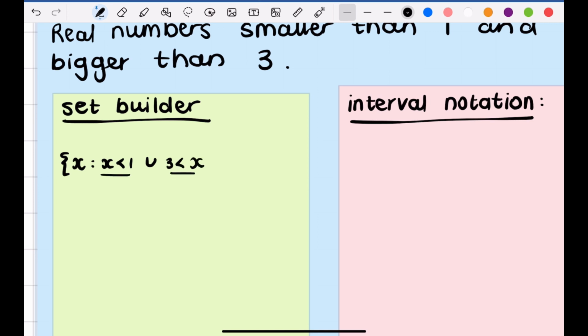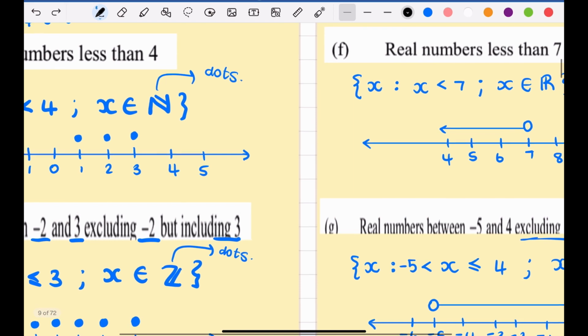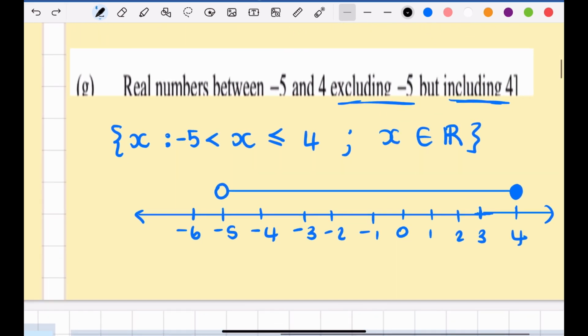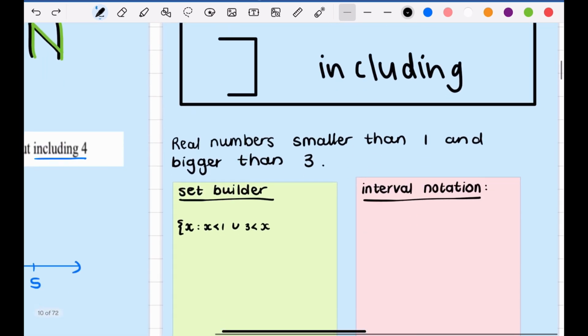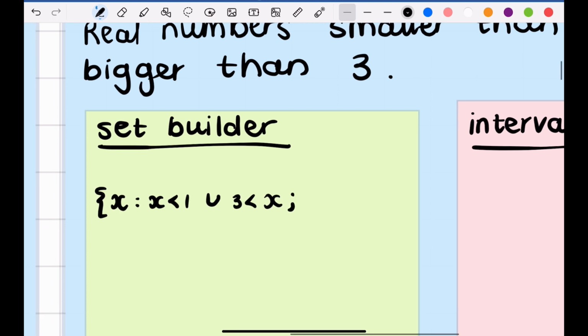We can't write this in the same way as we wrote boundaries where it was included, like here, because x there is between -5 and 4. Here x is smaller than 1, and then it jumps, and then it's bigger than 3 again. And this is for x, element of real numbers, like we said.